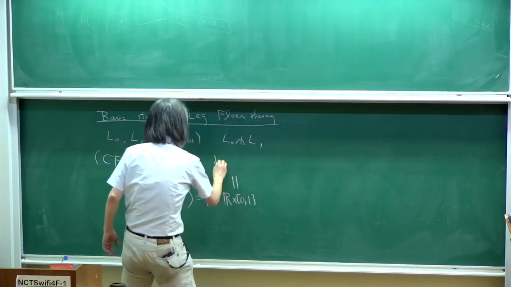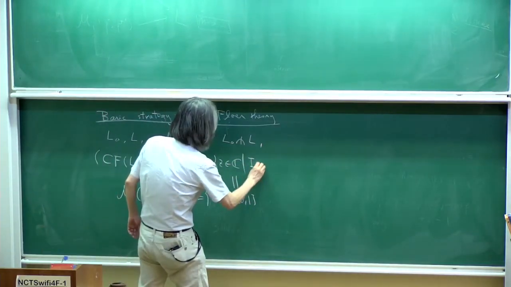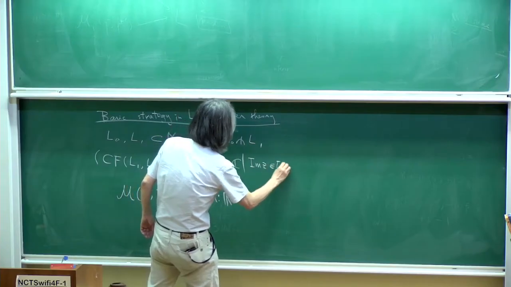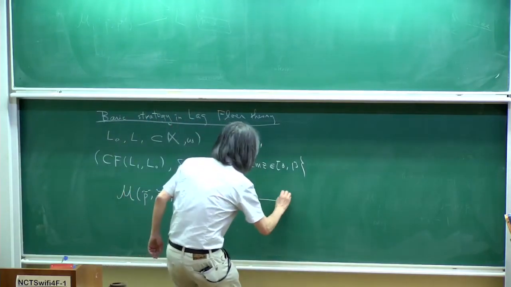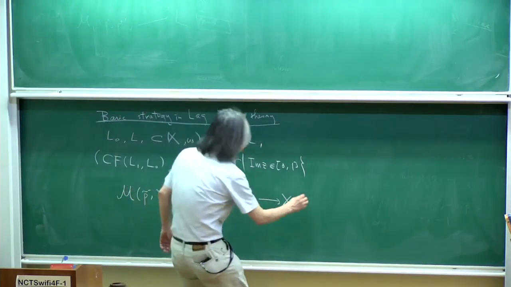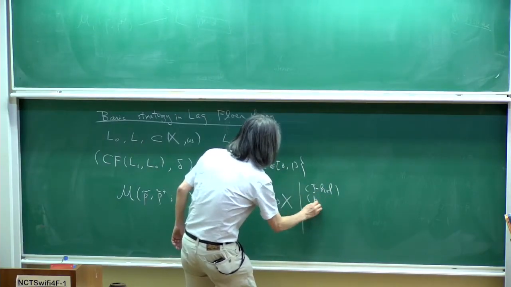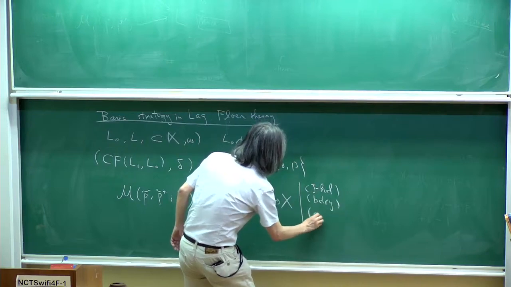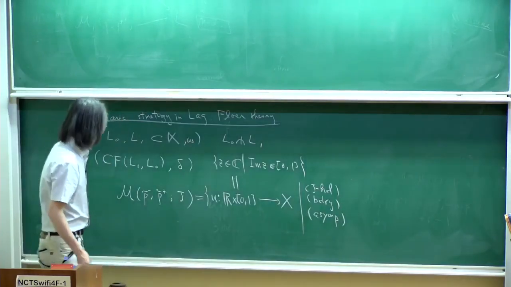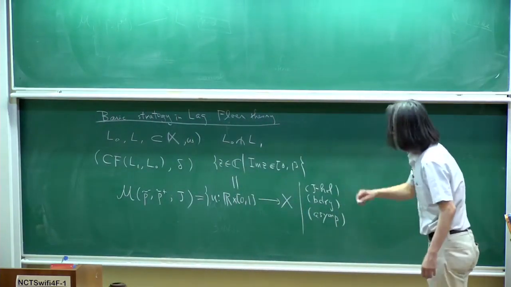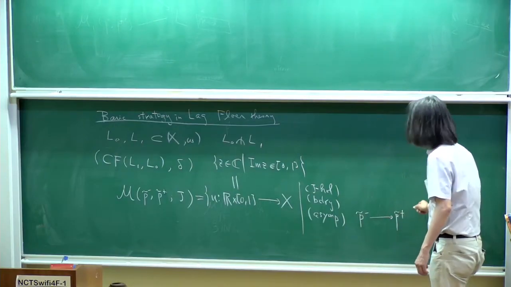This is actually the part of the complex plane so that the imaginary part lies between 0 and 1, to X, with three properties. One is the J-holomorphic condition, second is the boundary condition, and third is the asymptotic conditions, from p tilde minus to p tilde plus.